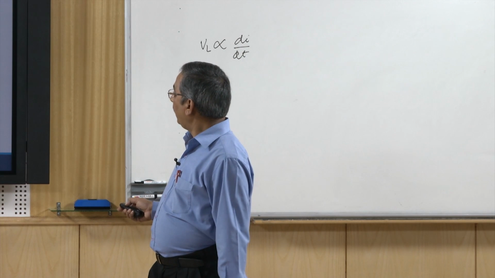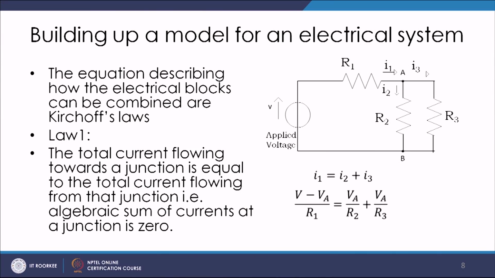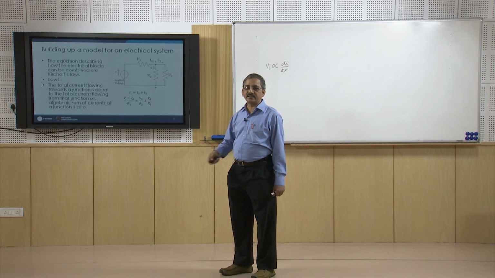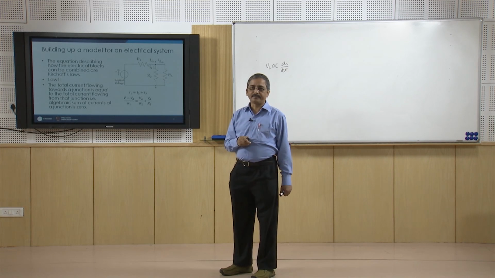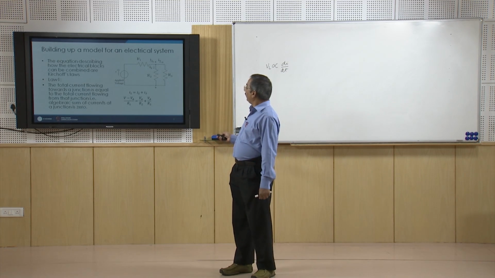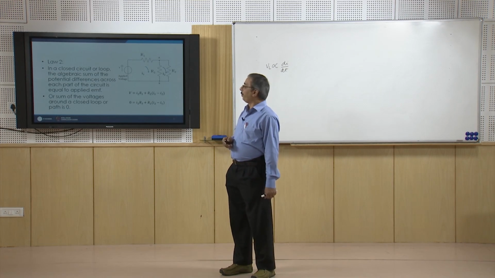And I2 will be the voltage here, that is VA minus 0, that is VA divided by R2, and I3 will be VA minus 0 divided by R3. So, this way I can write the expression for this system, and this is how we can implement Kirchhoff's first law in order to get the system equation for this circuit. Fine. Next, let us see law 2.